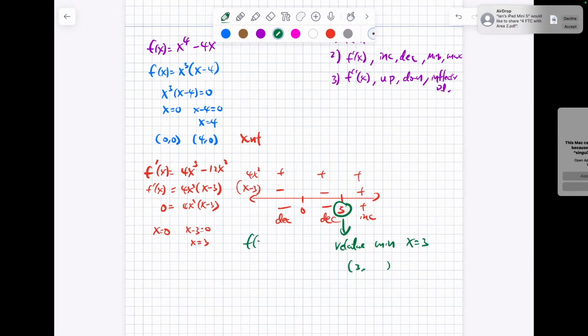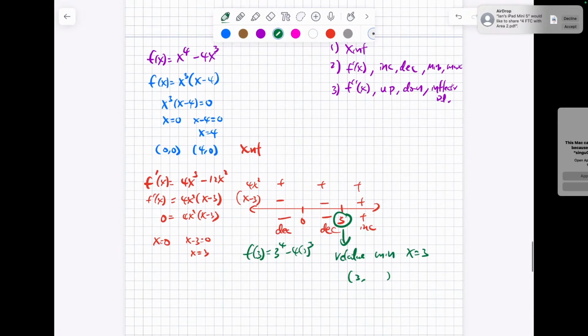What happens if you plug in 3? 3 to the 4th minus 4 times 3 to the third is equal to 81 minus 108. So that's equal to minus 27.